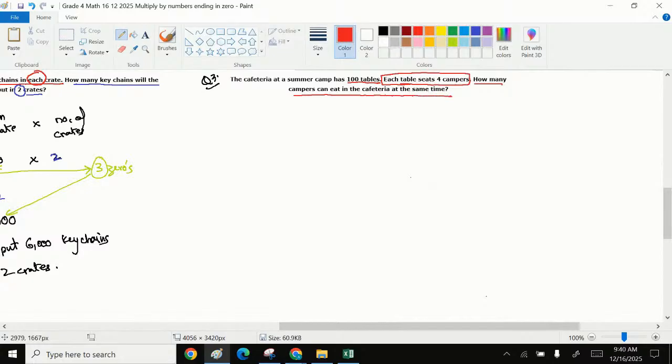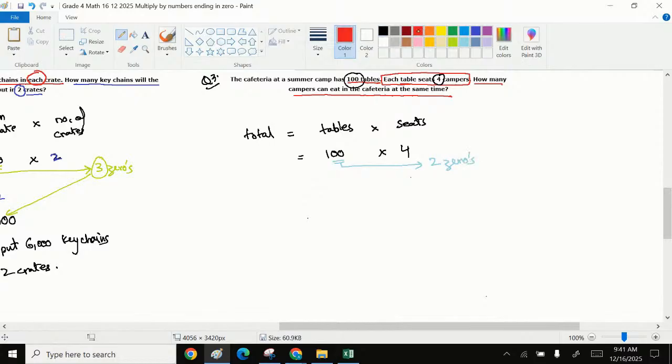So that means there are 100 tables and at each table there are 4 campers, right? So we need to find the total number of campers. So what we do is the number of tables times seats. How many tables were there? There were 100 tables times 4 seats. How many zeros are there? If you count the zeros, there are 2 zeros.